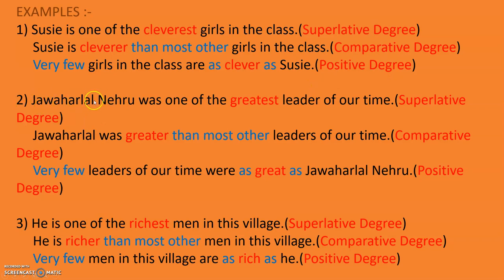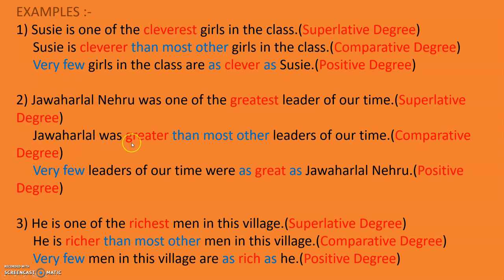When I say Jawaharlal Nehru was one of the greatest leaders of our time. One of the greatest leaders means there were other leaders. So this is which degree? EST, so it is superlative degree. Okay, so let me put it into comparative. How will I put it? See, the same words are there, children.